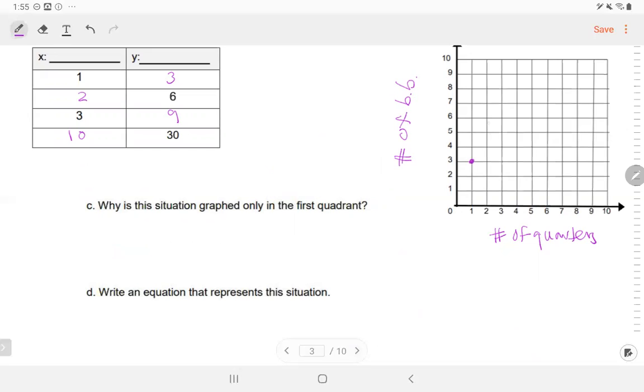If I put 2 quarters in, I have 6. And if I put 3 quarters in, I have 9. And I can't graph if I put 10 and 30 in because it's off the graph. I do not connect this graph because it is discrete, or not connected.